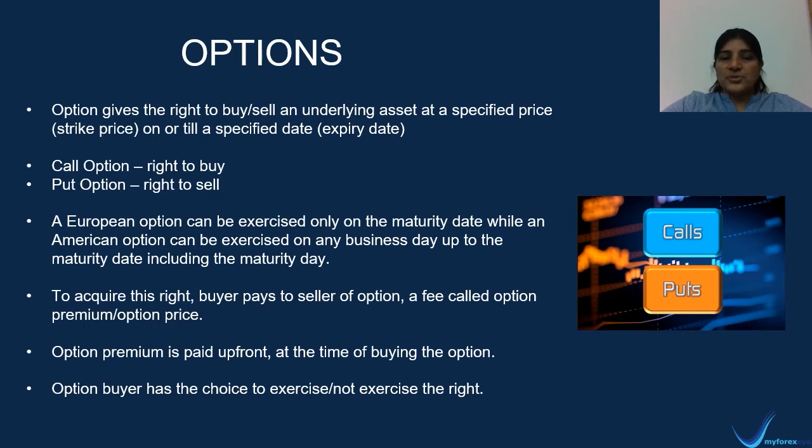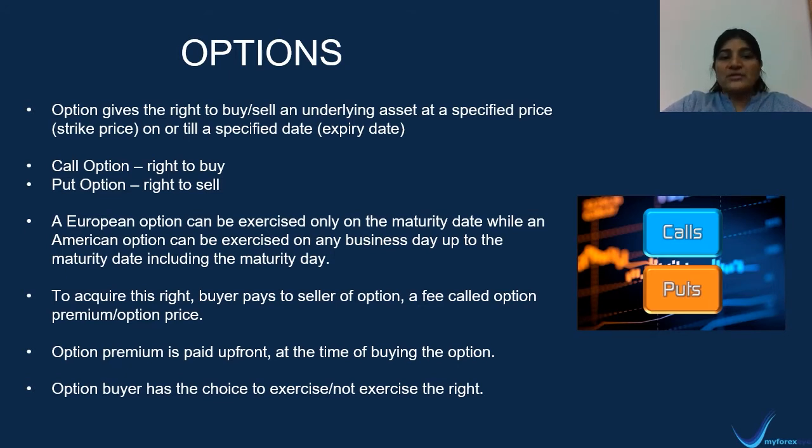In the call option, the buyer has the right to buy, whereas in the put option, he has the right to sell. The options can be of two types, the European option or the American option. The European option can be exercised only on the maturity date, while an American option can be exercised on any business day up to the maturity date, including the maturity date also.